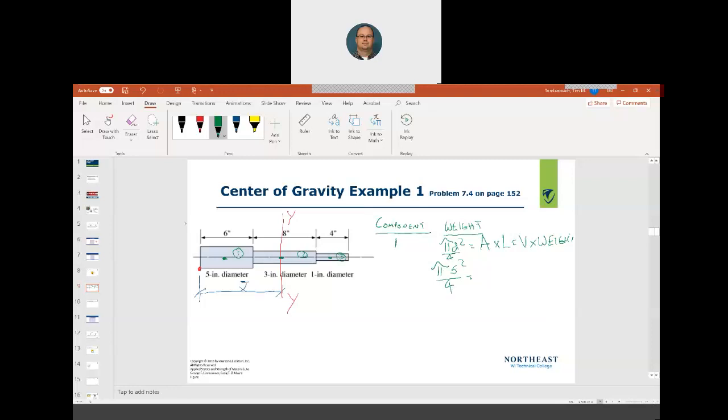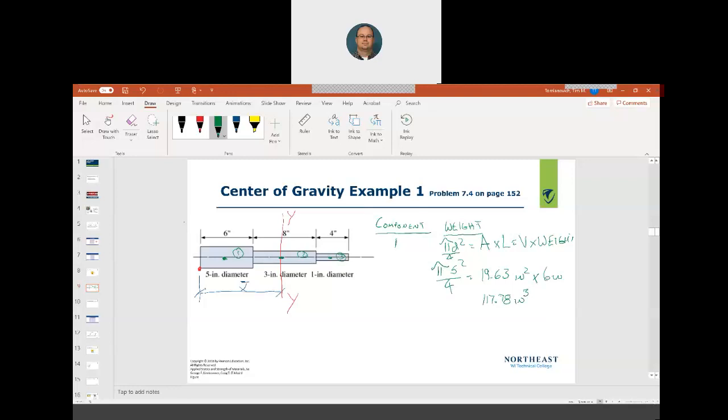So I get 19.63 square inches. Times 6 inches long, right? So 19.63 times 6. So I get 117.78 cubic inches is my volume.